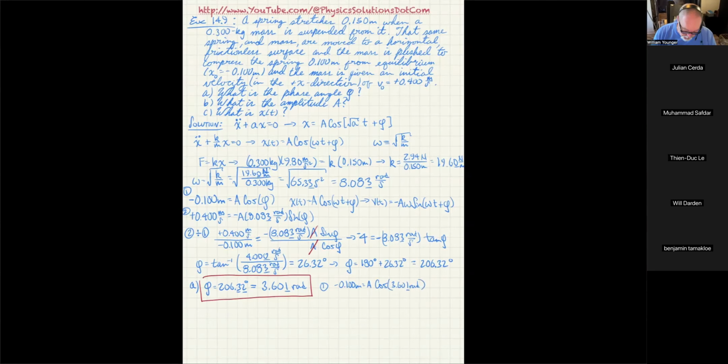Of course, I'm not really going to use the radians. I'm going to use the 206.33 degrees that I had, because my calculator is already in degree mode.